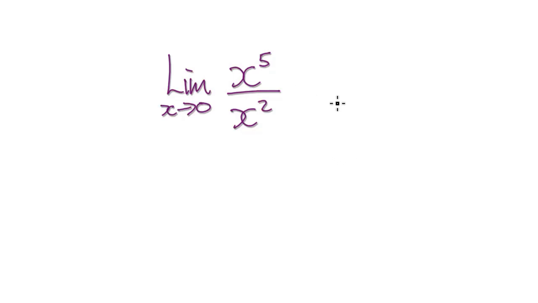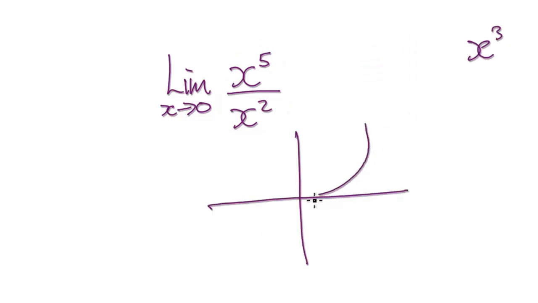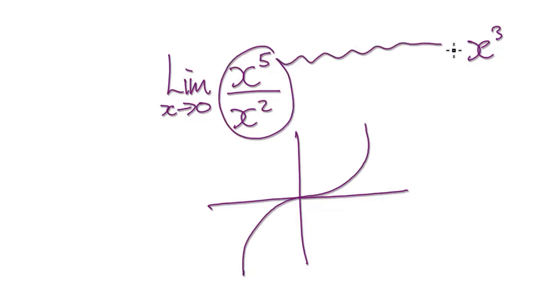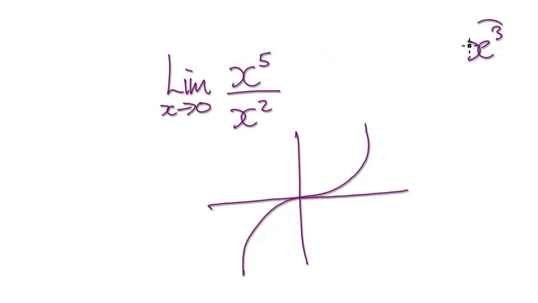Well, you can simplify this to x to the power 3. So it will look something like this: x to the power 3. But remember, this is not exactly the same as this. It's just that for this thing here, dead on 0, it breaks down.